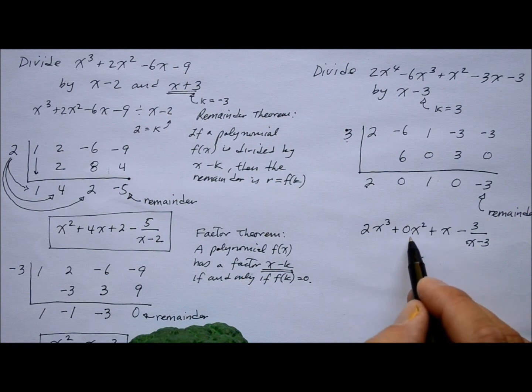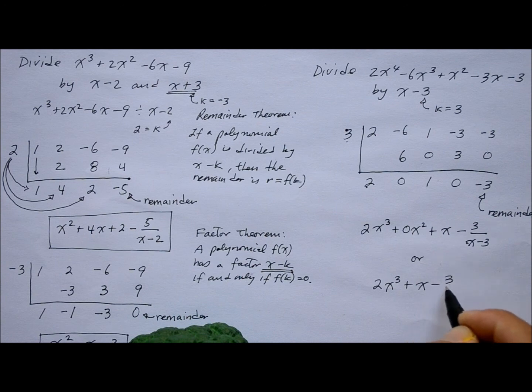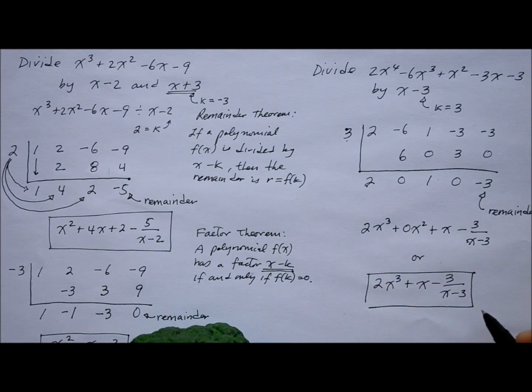Or let's simplify, get rid of the zero terms, so it's 2x cubed plus x, minus 3 over x minus 3. That wasn't too satisfying. Well, that's the way life goes sometimes, huh?